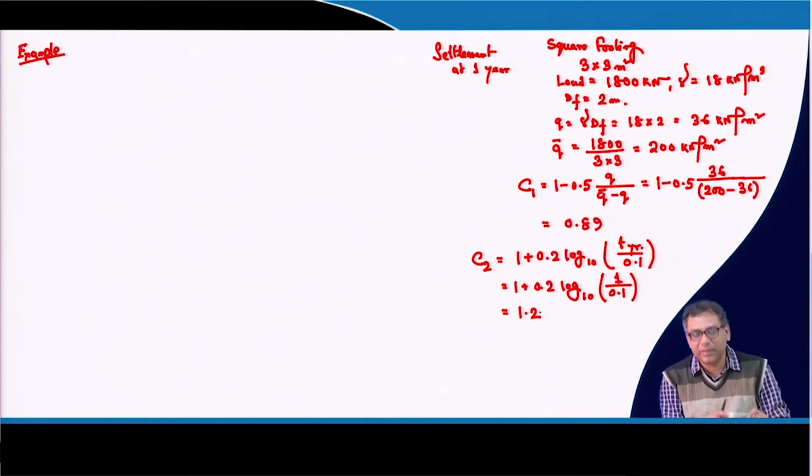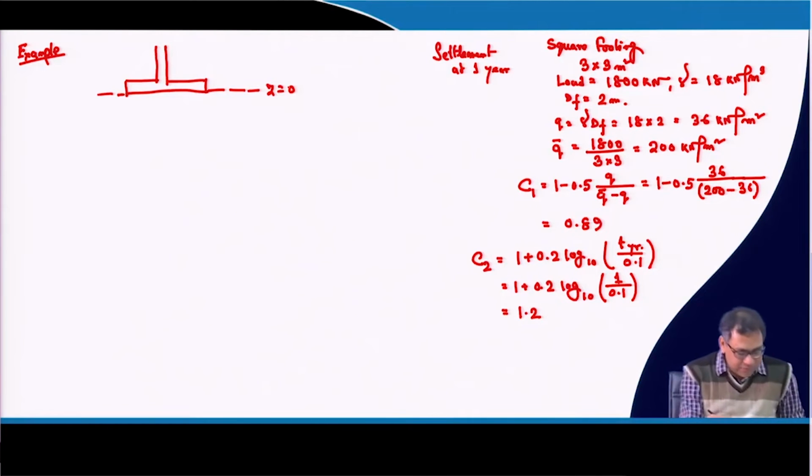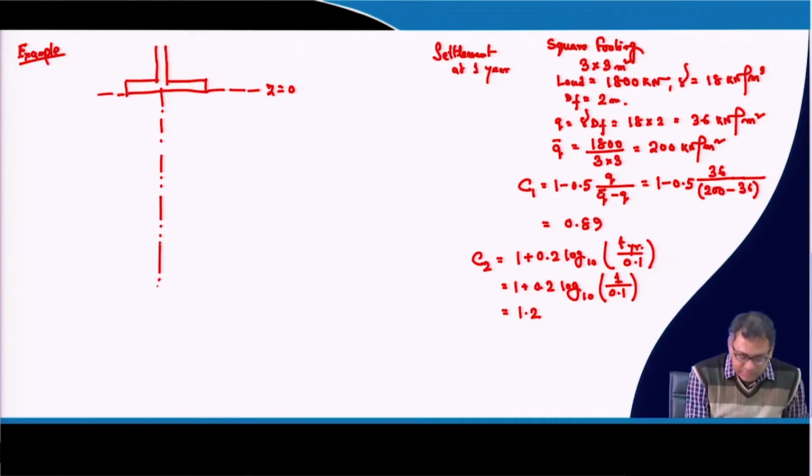Now, the next step is to determine the IZ value. So, now we have this foundation. This is the base of the foundation, and here it is considered as z equal to 0. This foundation has 3 layers.